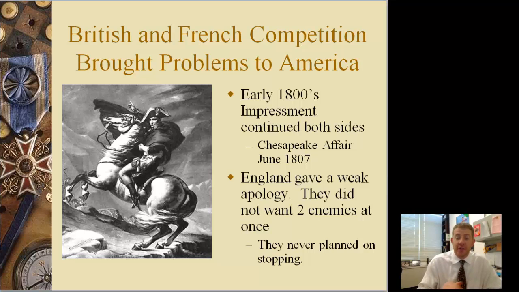No longer were these things happening in the middle of the Atlantic Ocean, if not closer to Europe. The Chesapeake affair happens really close, just off the American coast. It's almost like they're coming over here to impress our sailors. When we protested this, England gave a weak apology, but they had no intent on stopping.